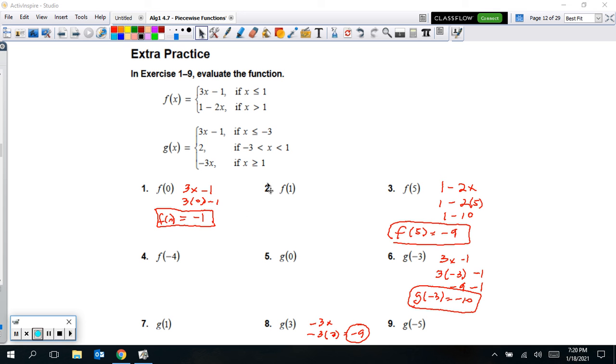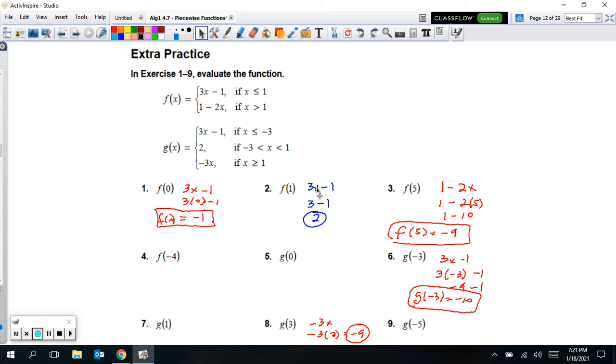Okay, so hopefully you've answered these 5 other ones here from 1 through 9. So everything's answered. Just go over the ones here that you did on your own. So at number 2, the function you should be using out of these two for f should be the 3x minus 1.